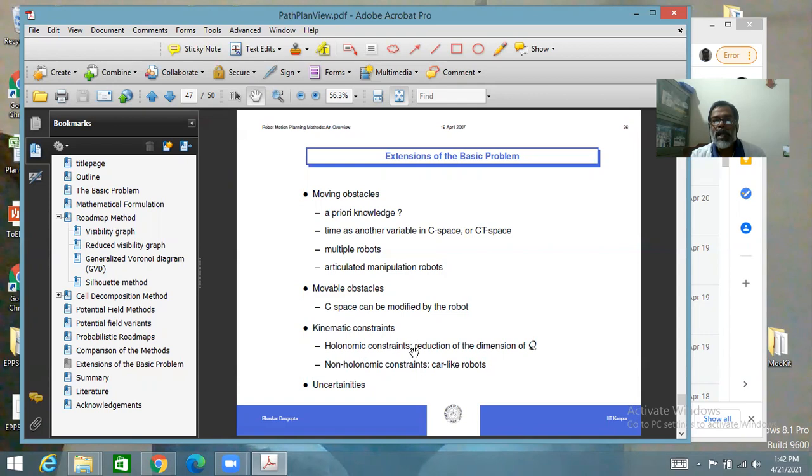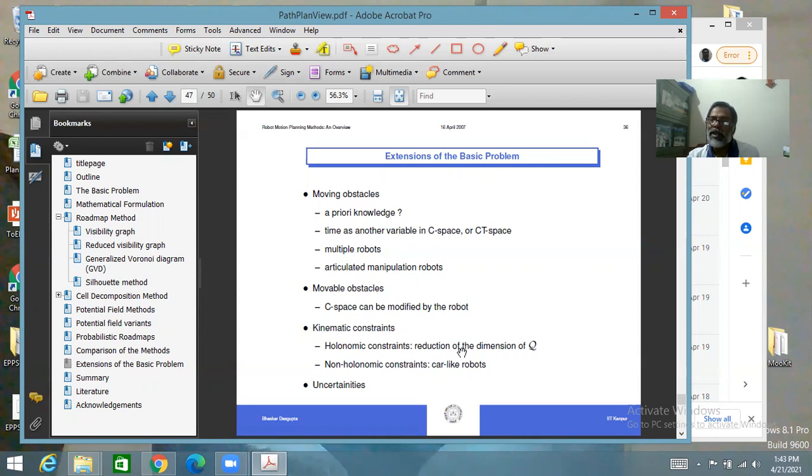And that also happens when you have a closed loop kind of chain, a closed loop manipulator. There, the motion description may require you to take more coordinates than the degrees of freedom. And then among those coordinates, there will be a relationship. You know about 4-bar mechanism, for example, 4-bar, 5-bar mechanisms.